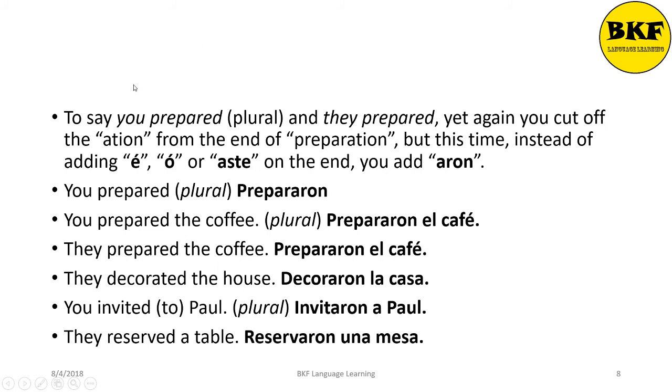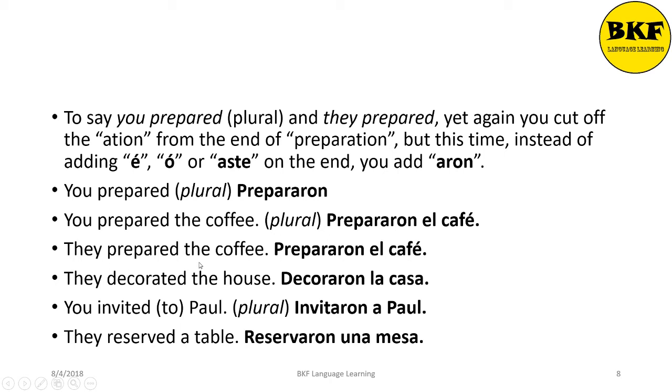Okay, now if I want to say you prepared for plural or they prepared, I'm going to do a similar thing. I'm going to cut off the end and I'm going to add ARON. So if I want to say you prepared plural, I'm going to say prepararon. If I want to say you prepared the coffee, I'm going to say prepararon el café.